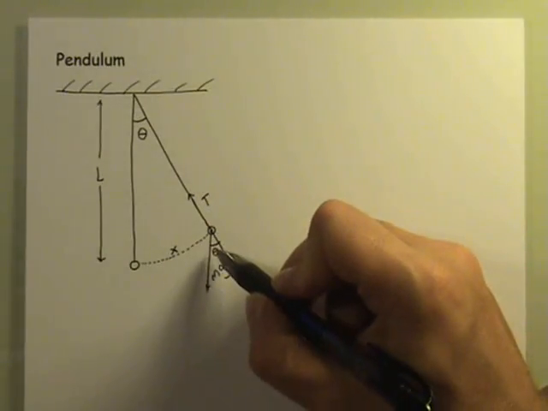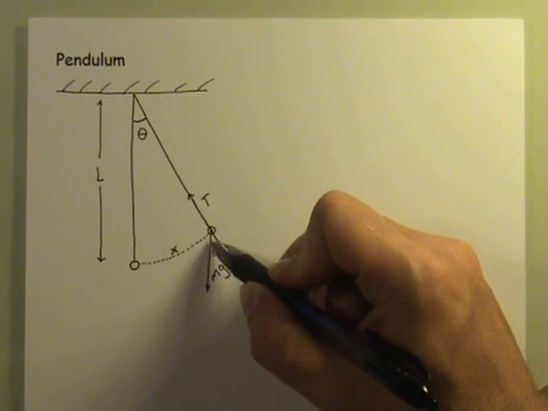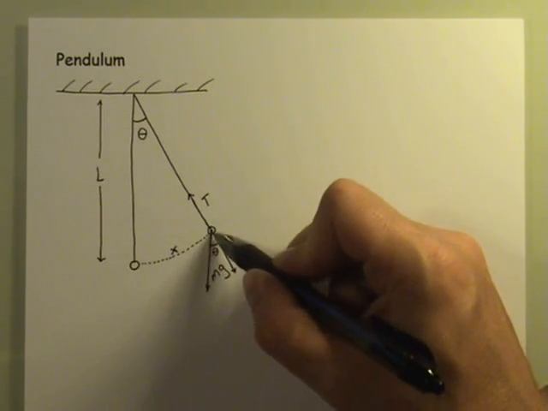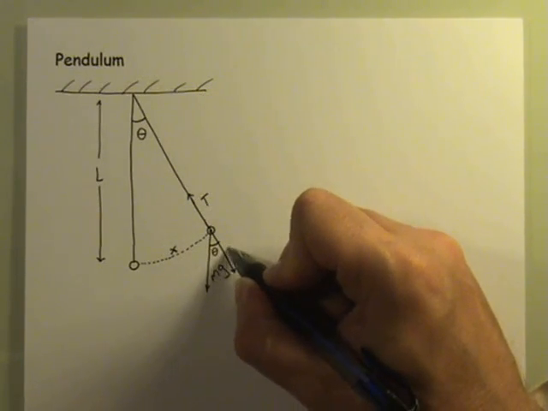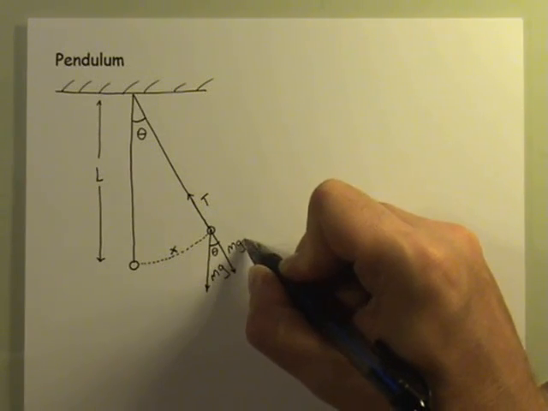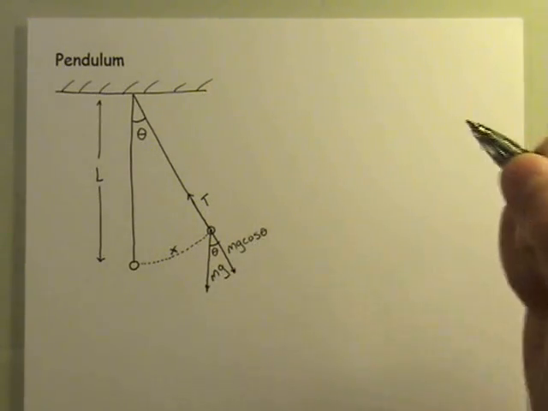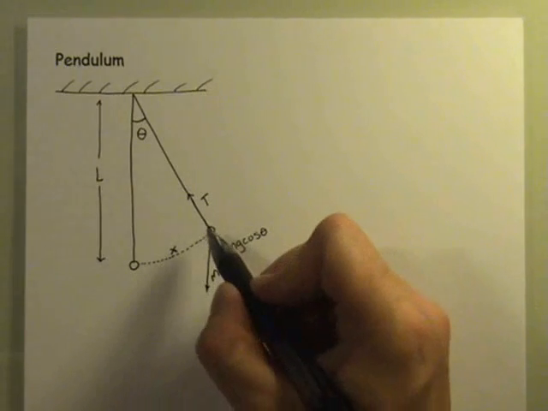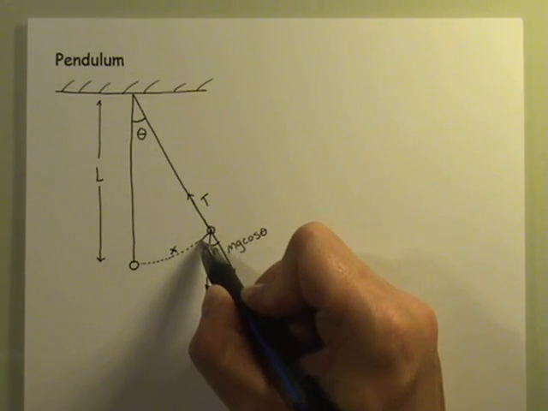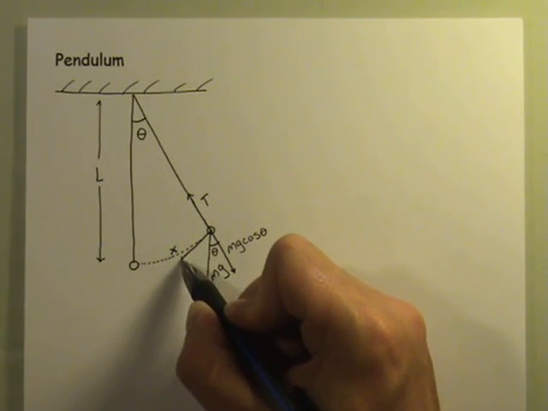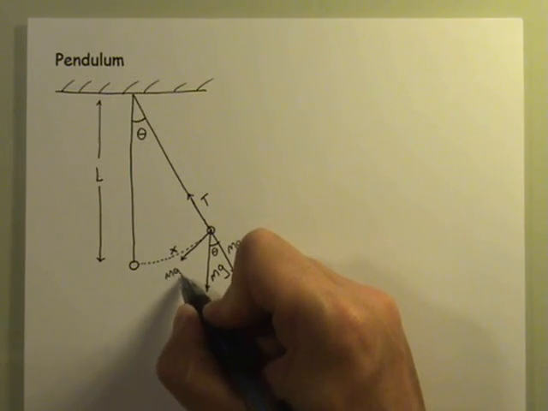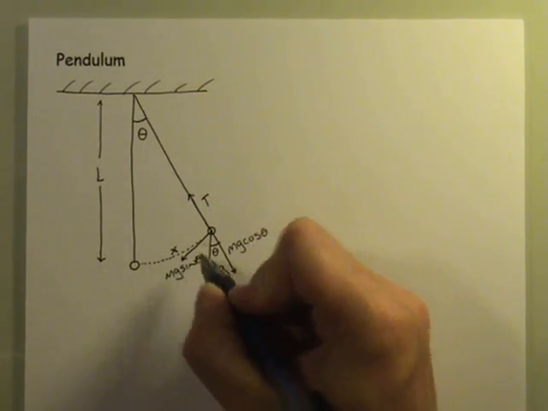So we have the angle theta, and this is the hypotenuse. This angle, this is the side which is adjacent. That means that the length of this side is mg cosine theta, and then we have one that points tangential to this circle, and this is mg sine theta.